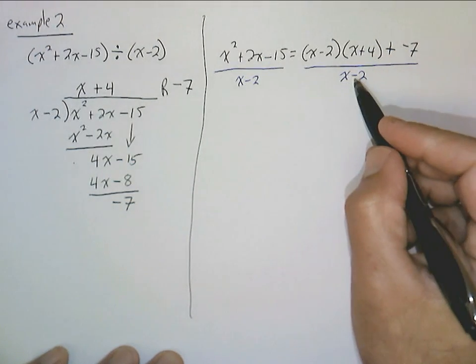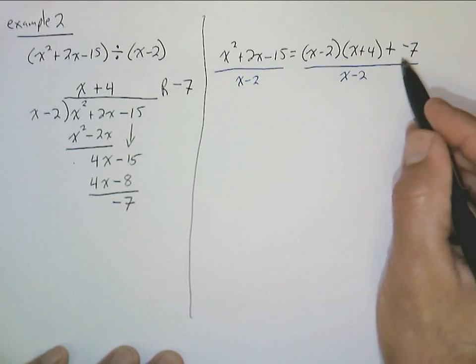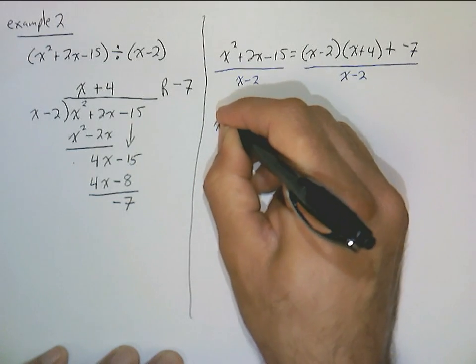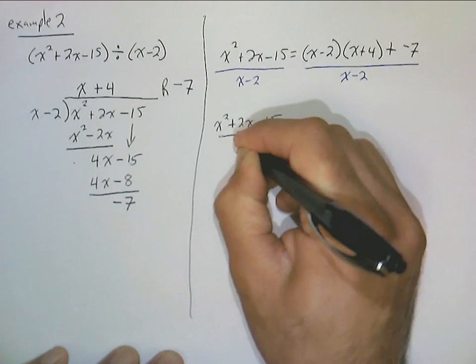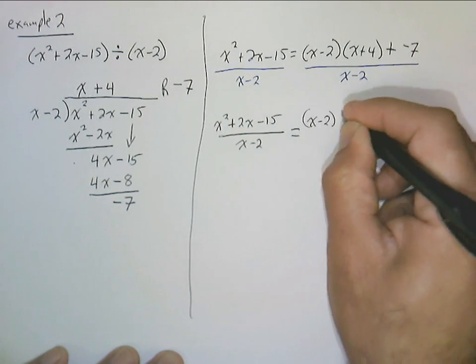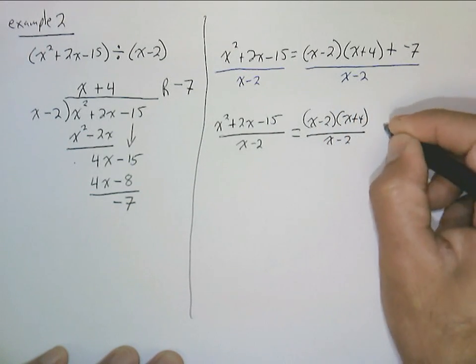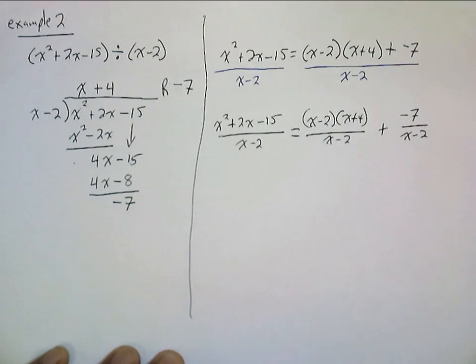and then if we distribute this dividing by x minus 2 to both of these terms in the numerator, we see that x squared plus 2x minus 15 all over x minus 2 is equal to x minus 2 times x plus 4 over x minus 2 plus negative 7 over x minus 2.